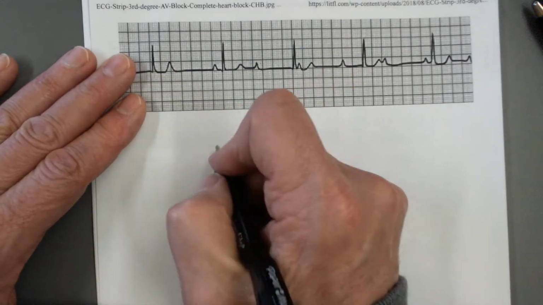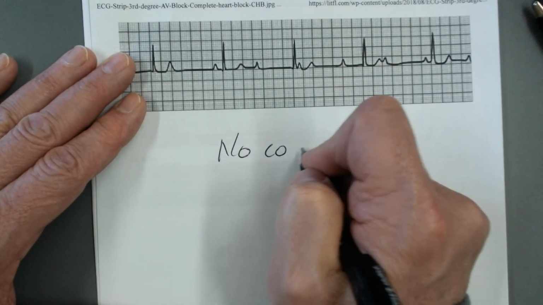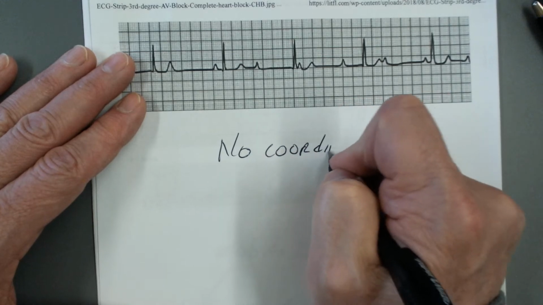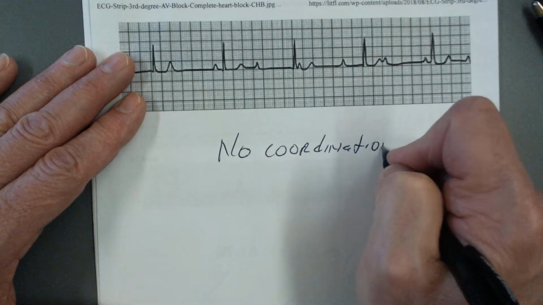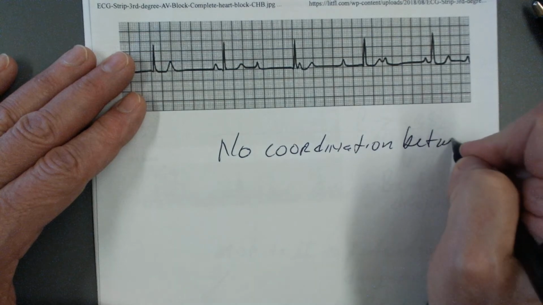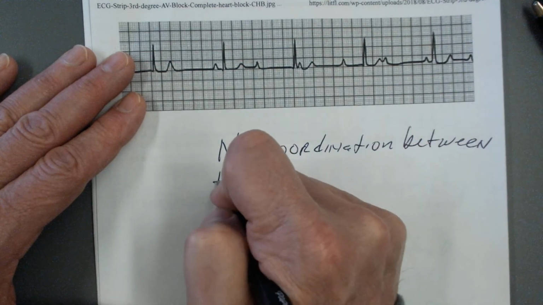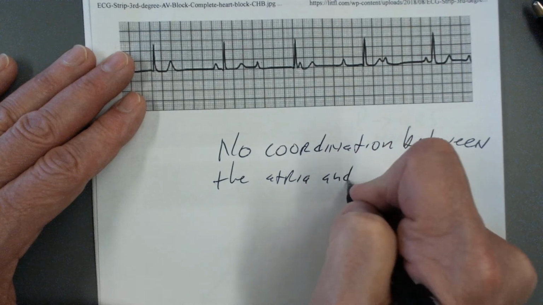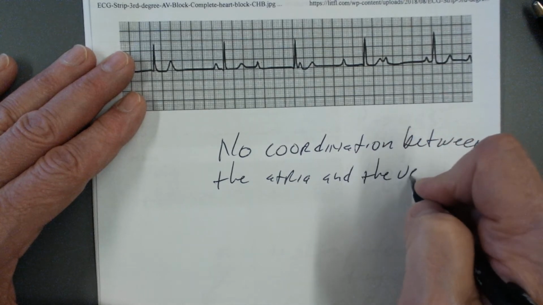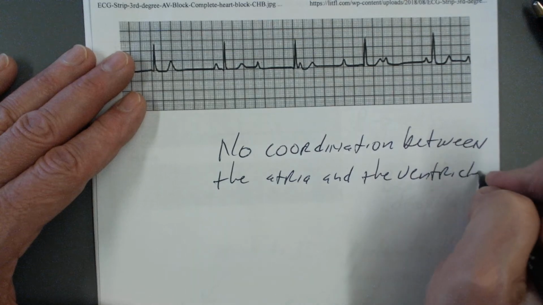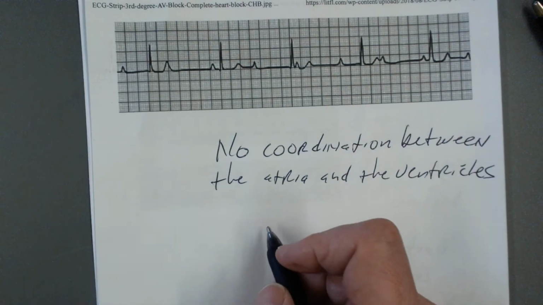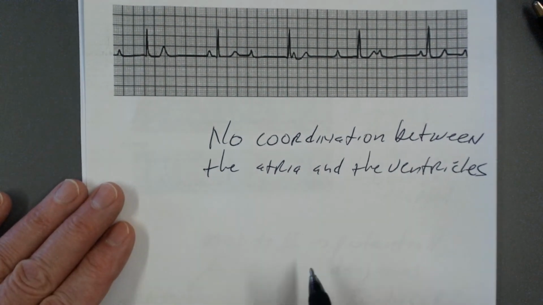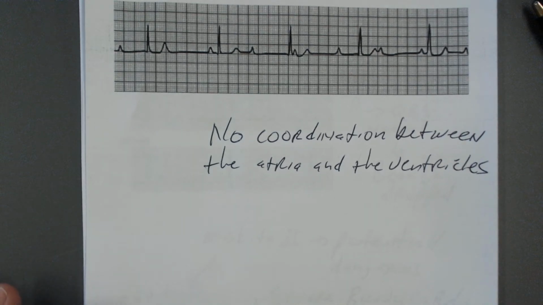So you have no coordination between the atria and the ventricles. The atria do their thing, and the ventricles will then do their thing.